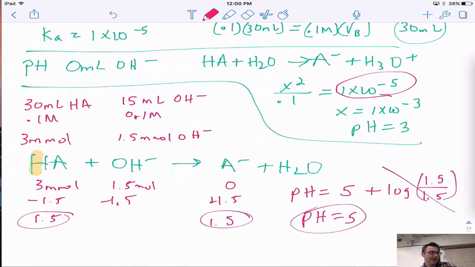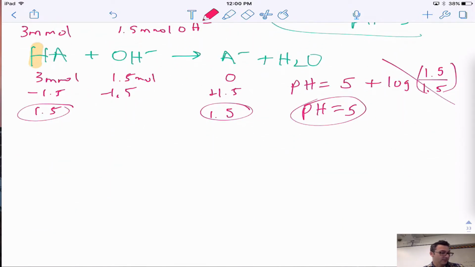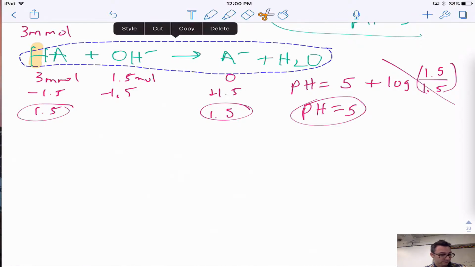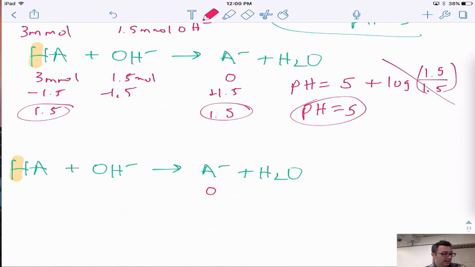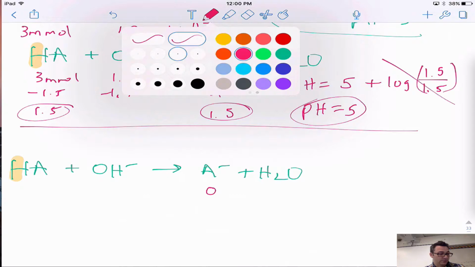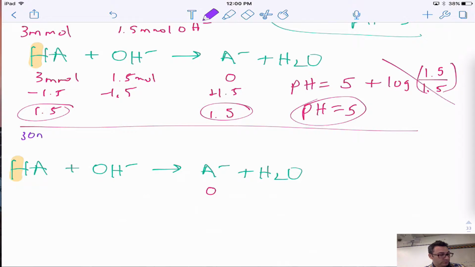Well, what happens if I keep adding base until I get to the point where I have 30 milliliters? So now again, let's copy and paste this reaction right here. And let's say that I've now at this point have a situation where I have 30 milliliters of our acid with the 0.1 molar, and now I've added 30 milliliters of my 0.1 molar base.